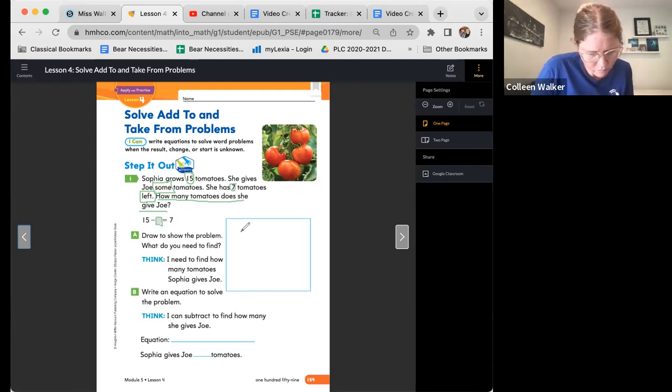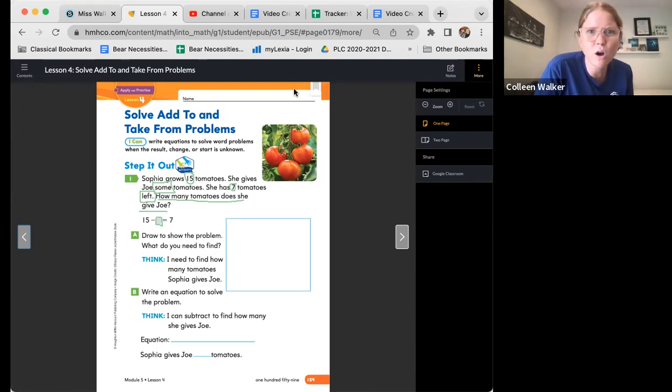So for our drawing, it says draw to show the problem. What do you need to find? Think. I need to find how many tomatoes Sophia gives Joe. Awesome. So we need to figure that out. So boys and girls, if we draw 15 circles to represent the 15 tomatoes, and then we color them to show how many she has left, we could do uncolored circles to show the ones she gives to Joe.